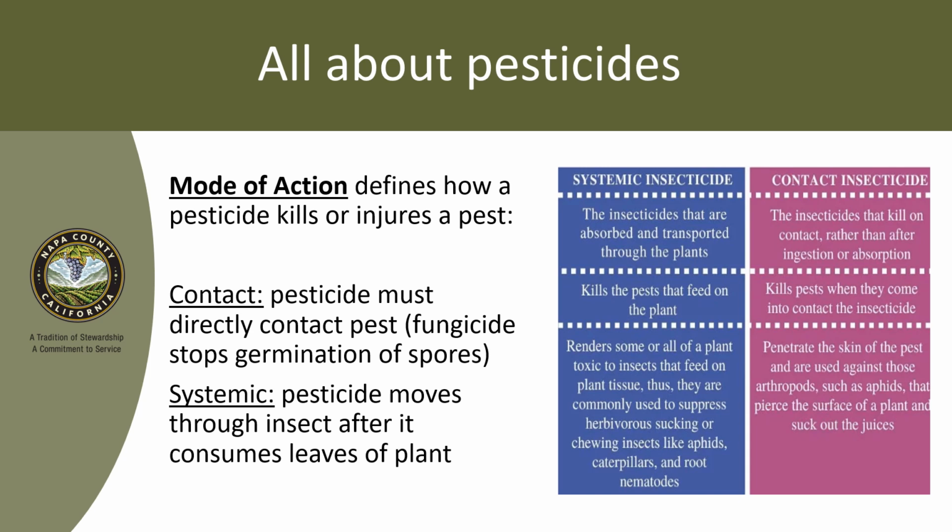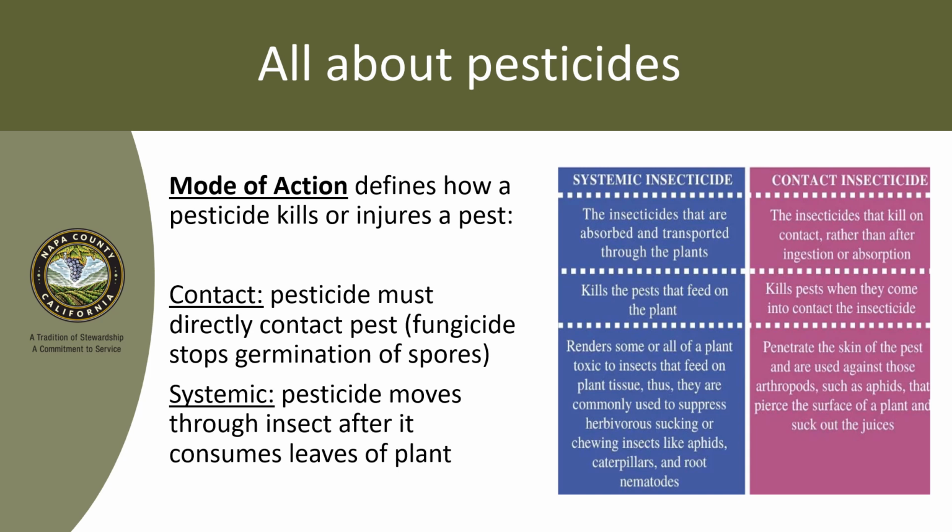So pesticides have a mode of action that defines how the pesticide is actually going to take out a pest. You have contact pesticides and you also have systemic pesticides. The key difference here is that with a systemic pesticide, the insecticides are actually absorbed by the plant and transported through the plant.